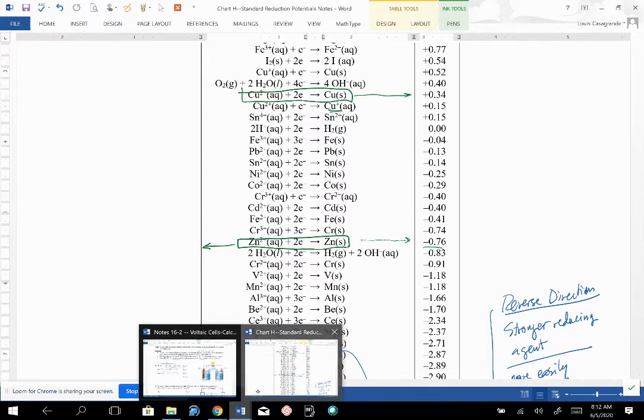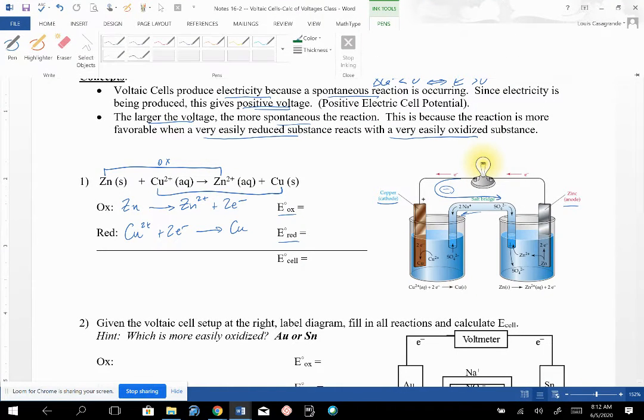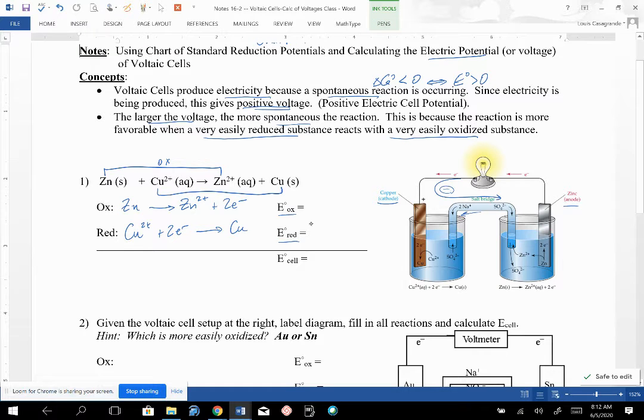Now let's go back to our notes and let's put those numbers in, but there's a little modification we're going to have to make. So the copper had a potential of 0.34 volts. Because this is in the reverse direction, the oxidation is negative.